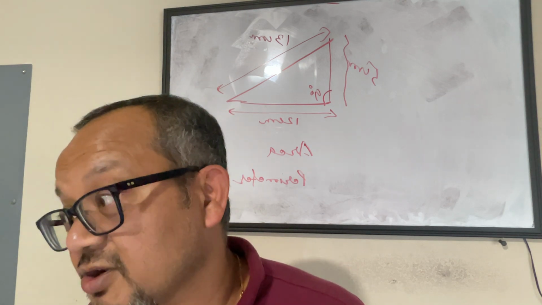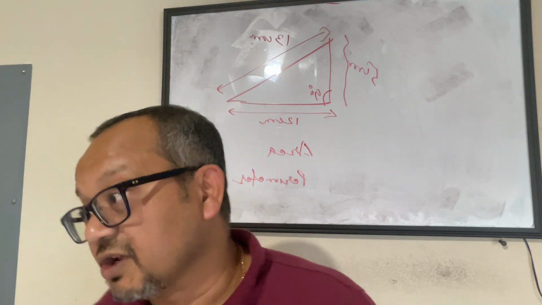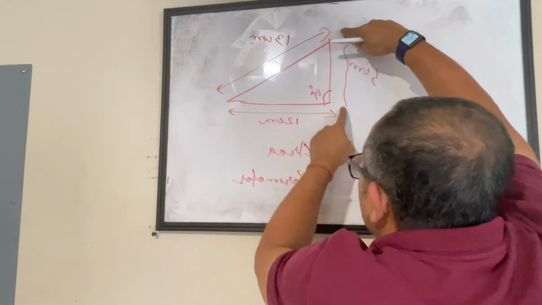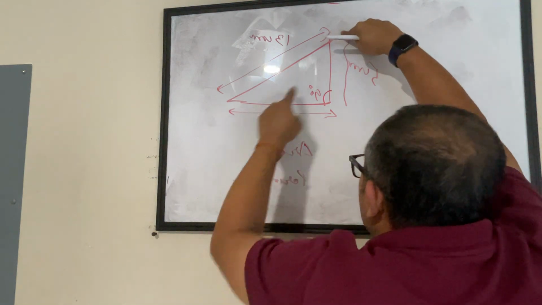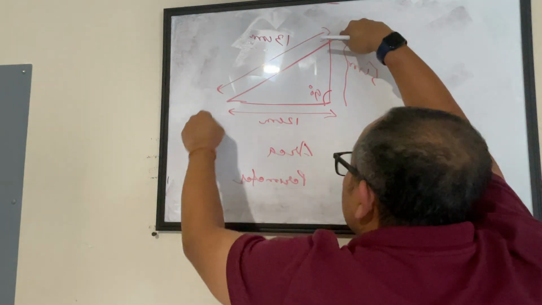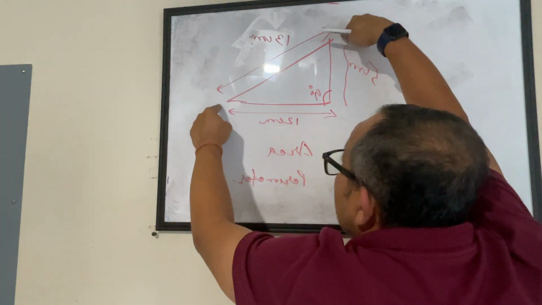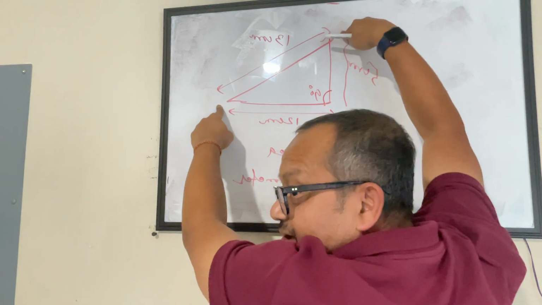Perimeter has to be in centimeters because you're talking about length. You're saying 5 centimeters plus 12 centimeters. 5 bananas plus 12 bananas will be 17 bananas, plus 13 more bananas. So 17 plus 13 is 30 bananas, not 30 bananas square.